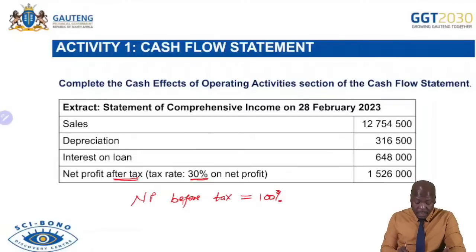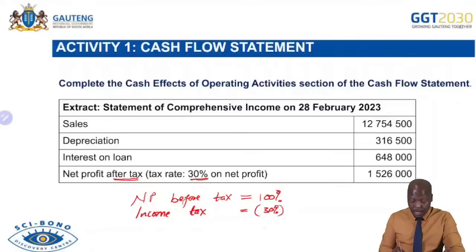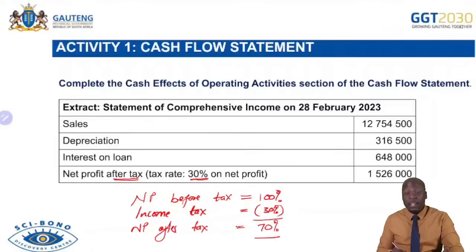And then in this particular question, we are given income tax, and we are told that the income tax is 30%. You can see I'm subtracting it so that I end up now with net profit after tax, which is 70%. The net profit after tax becomes 70%.